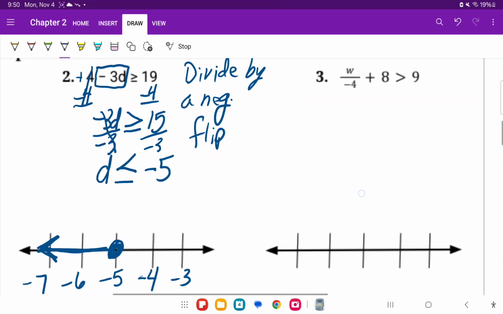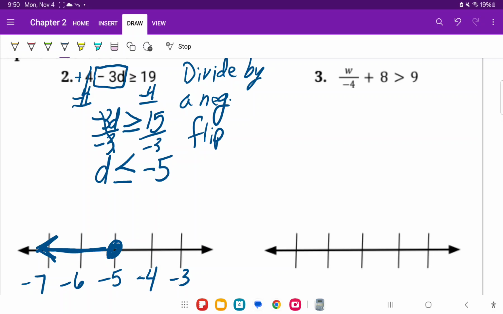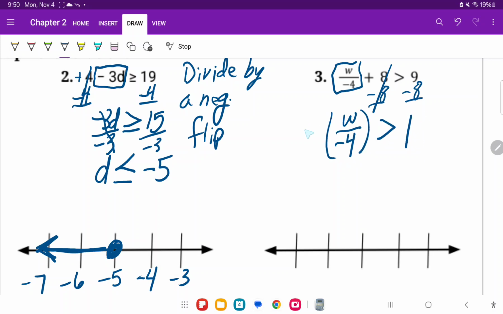All right, so again, what are we trying to get alone? We're trying to get this all by itself. So we'll subtract the 8. So we'll bring down our w over negative 4. That cancels, greater than 1. So we want to get rid of this negative 4 on the bottom. So we'll multiply through by negative 4 on both sides.